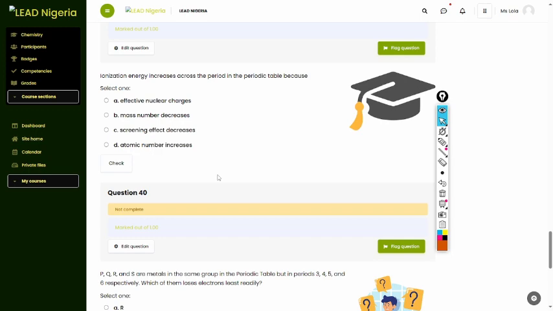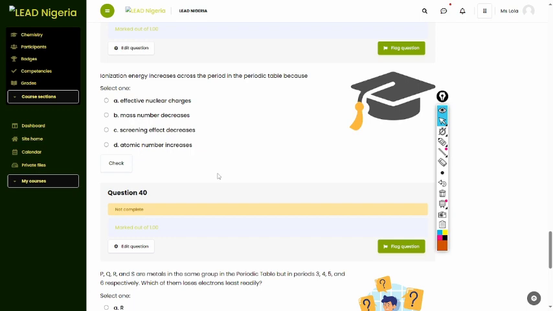Alright. Ionization energy increases across the period in the periodic table. Ionization energy is the energy required to knock out the electron from the outermost shell. The reason why it increases across the period is because as you go across the period, the atomic number increases, and as the atomic number increases, so does the nuclear charge. The number of protons in the nucleus also increases.